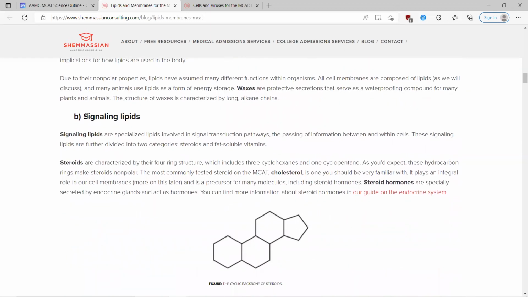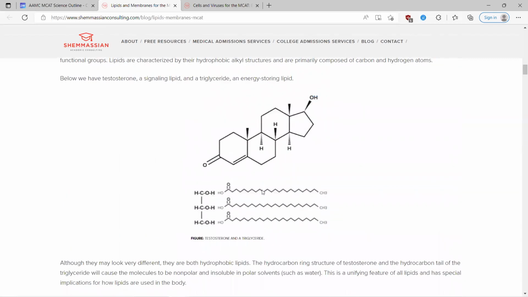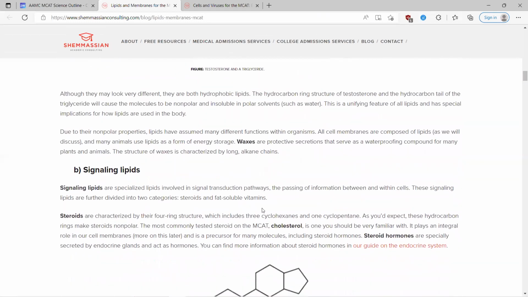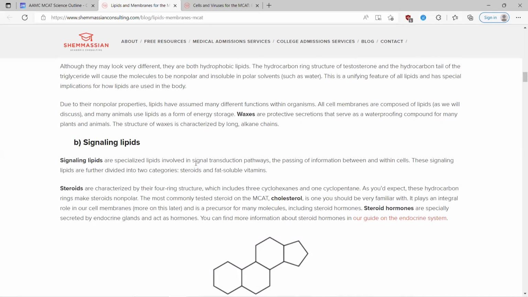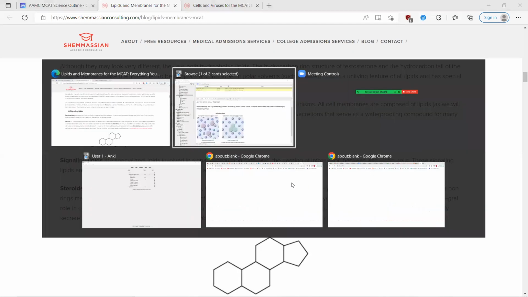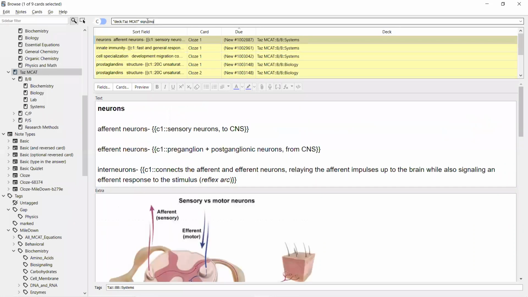Now, a major form is for signaling. We showed that triglycerides can be broken down for energy. Waxes can be protective. Signaling lipids are specialized lipids for signal transduction pathways, which is passing information. We talked a little bit about signaling with G proteins and stuff.